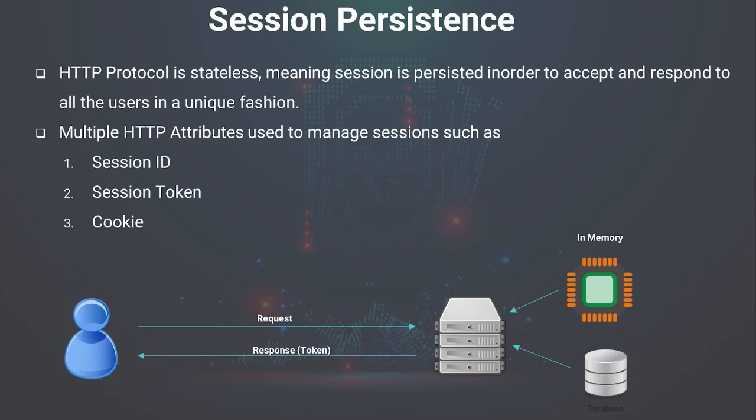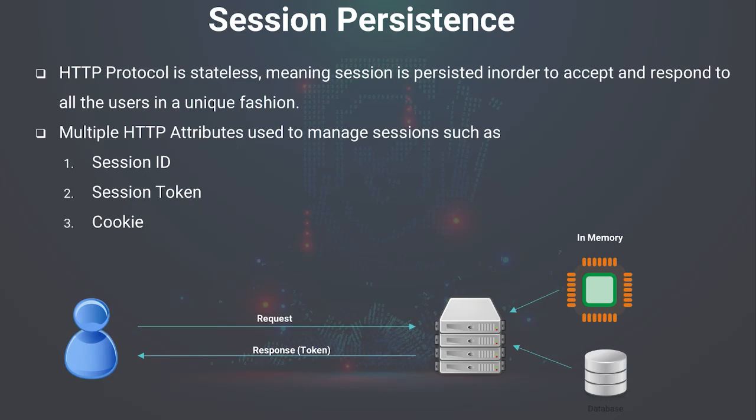So typically there are multiple ways how a session can be persisted. And it is known in different formats such as session ID, session token, and a cookie. In technology and implementation, they are a bit unique and different, but for simplicity, let's say that all three work in the same fashion. We took a look at a similar scenario in the previous section where a user is trying to send a request.